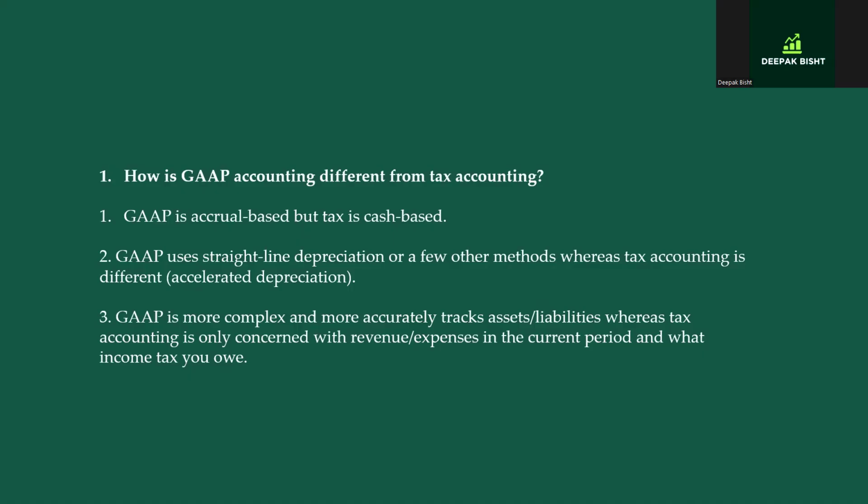The second difference is that GAAP uses the straight line method, whereas tax accounting uses an accelerated depreciation method. This is a major difference, because as per the government rules, straight line depreciation is preferred, but the companies which use tax accounting prefer accelerated depreciation, where the asset is depreciated at a faster rate.